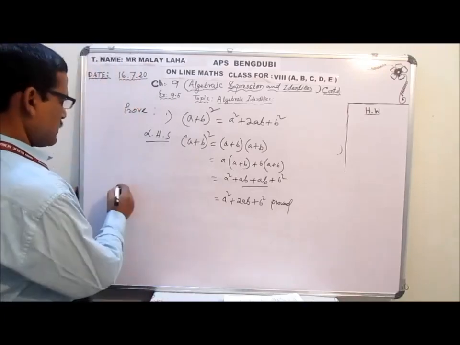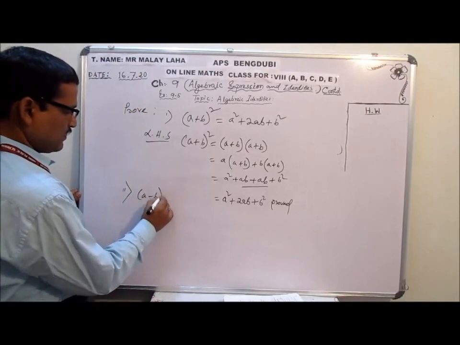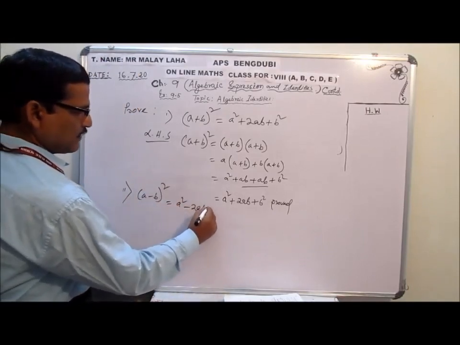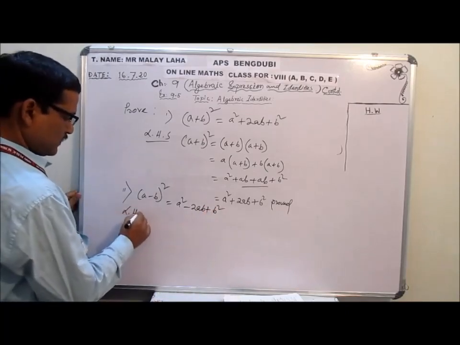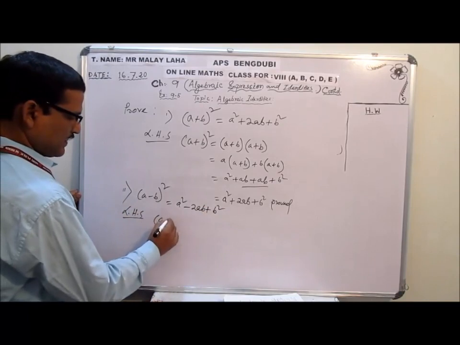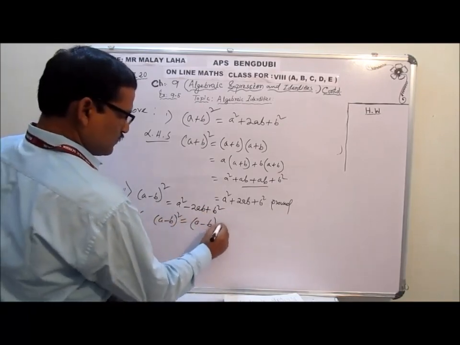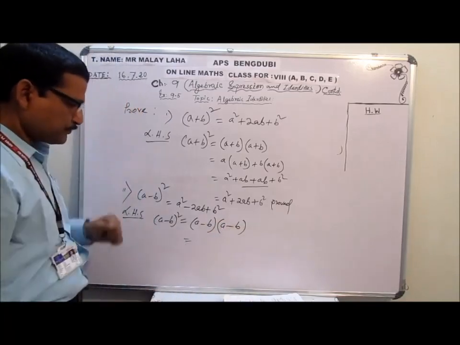Okay. Next one, second: (a minus b) whole square is equal to a square minus 2ab plus b square. So taking LHS, (a minus b) whole square means what? (a minus b) into (a minus b). So what we'll do?